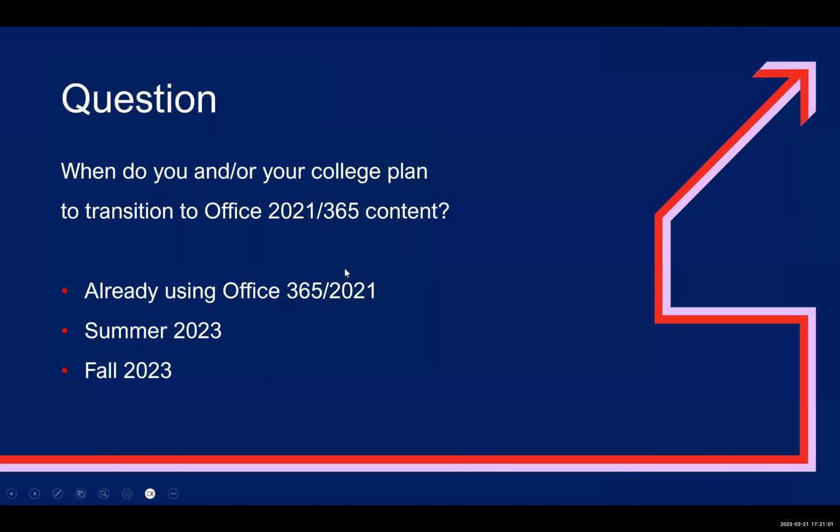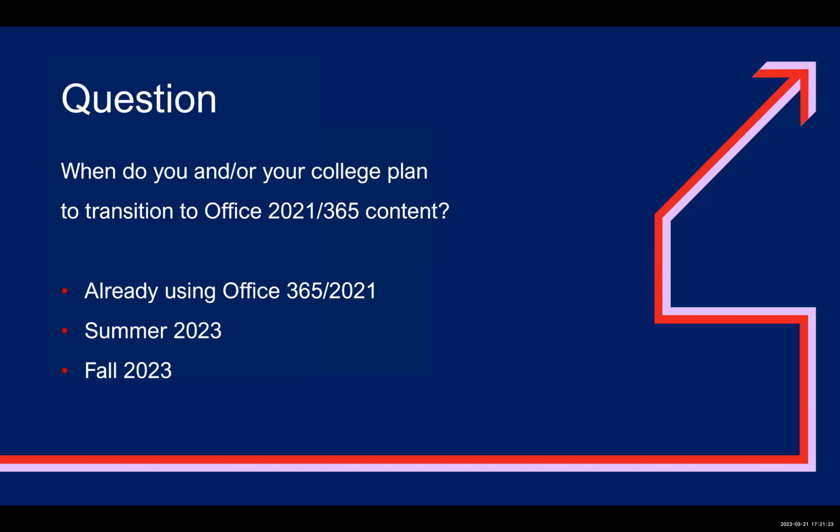I'm going to move forward here. So here's a question, and you could do this if you're teaching Office application courses, Excel, Access, Word, any of those. Are you currently using Office either 2021 or 365 content?